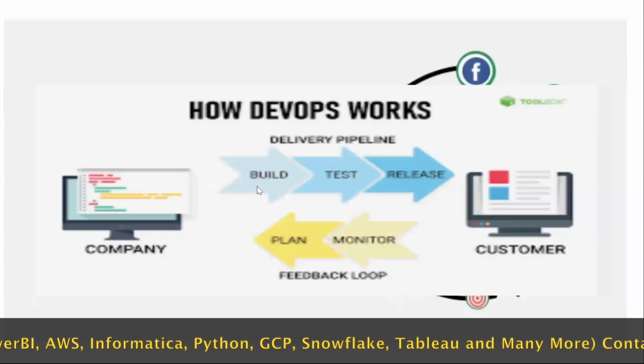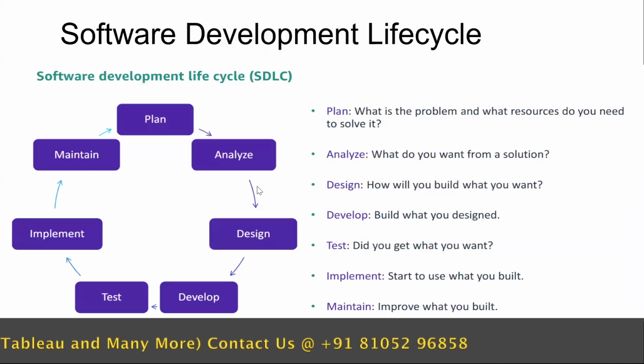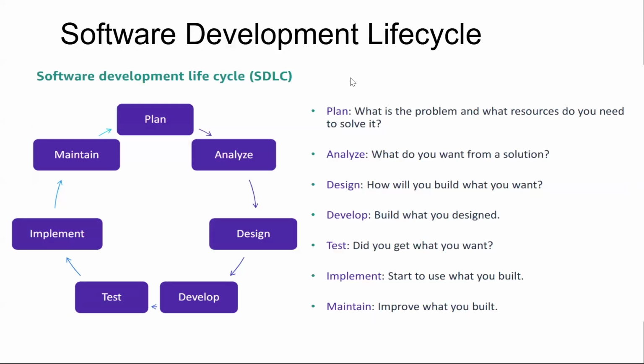You're building, testing, and releasing the particular code. Anything which you're working on in software has a life cycle. This is called the software development life cycle. You're planning that particular code, analyzing it, and designing whether it is okay and how it will work.